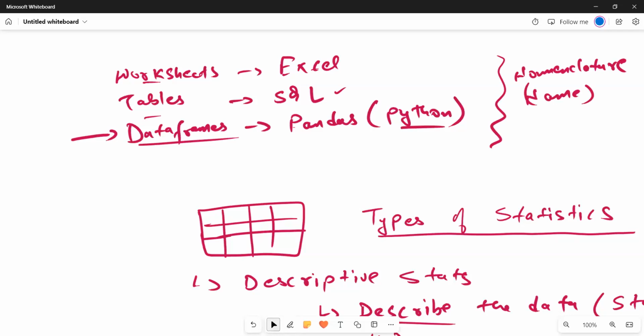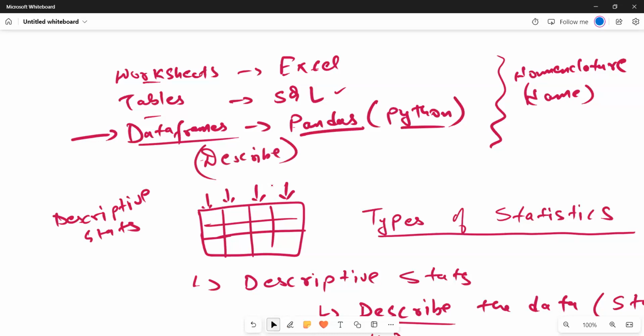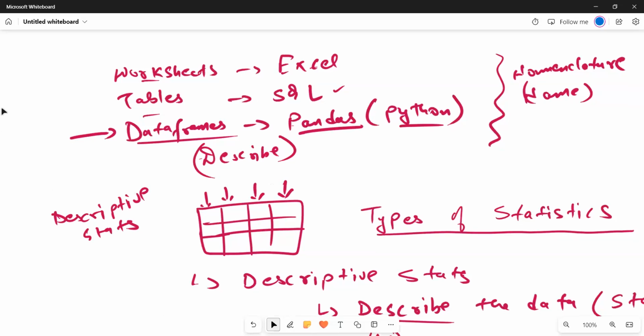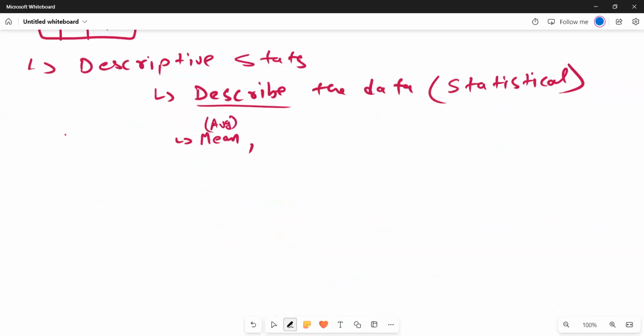All right. So for each of these columns, you'll get the descriptive statistics. Whenever you're working on descriptive statistics, there's a function called describe in pandas. This describe function gives you a basic descriptive statistics of the data, where it will give you the mean of every column.